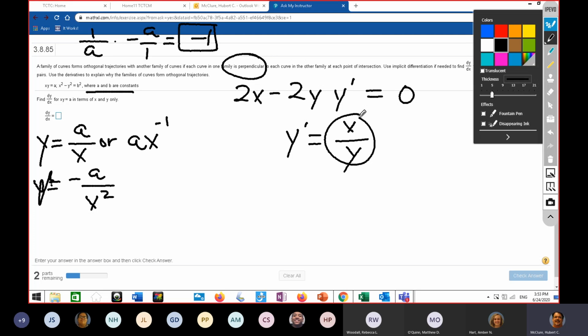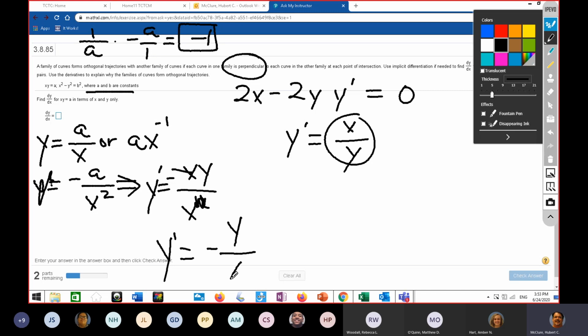So I'm going to go y prime is equal to xy over x squared, with a negative out there. And what happens to the x's? That x goes out, and that becomes x to the first power. So y prime is equal to negative y over x.